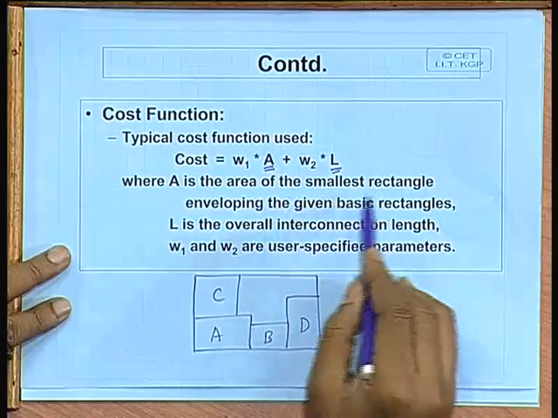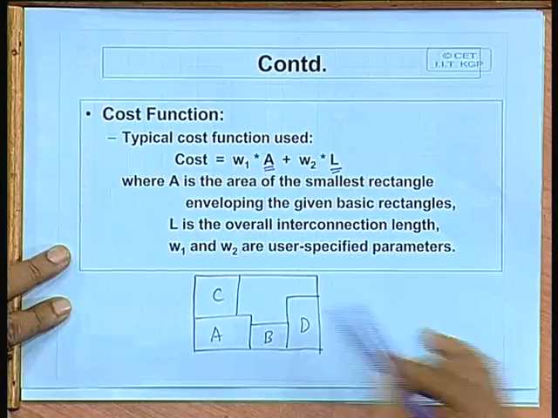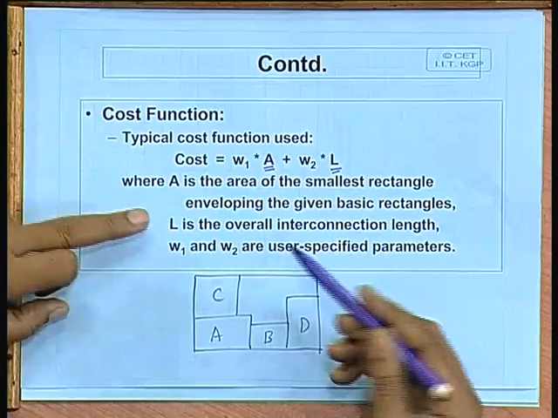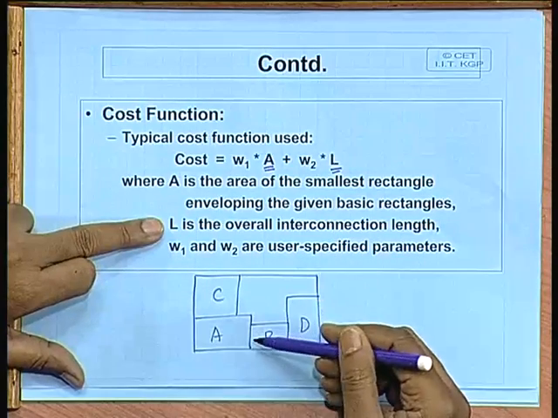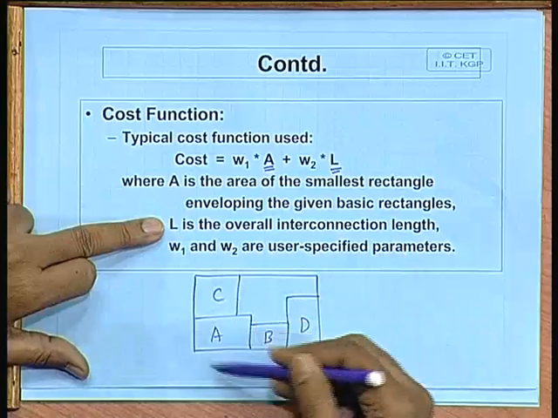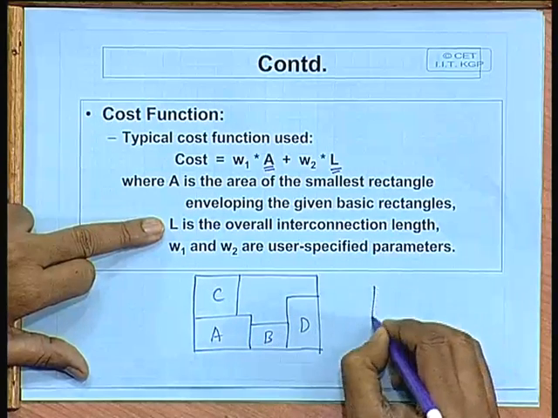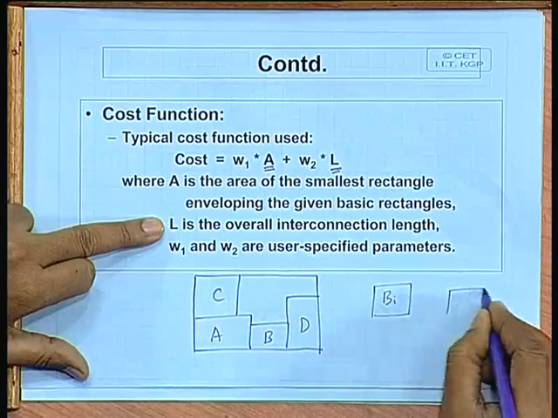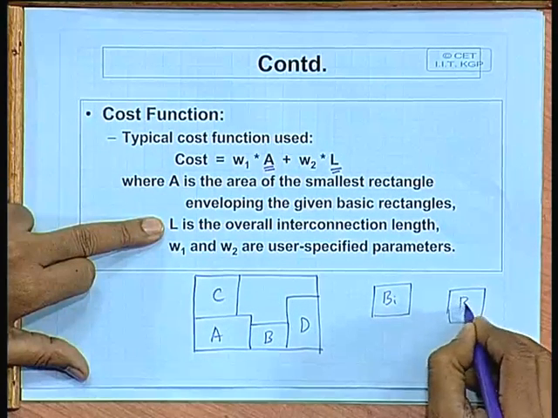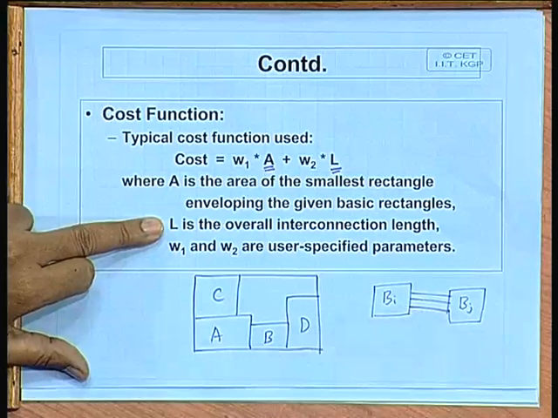So, A is the area of the smallest rectangle which envelops the given basic rectangles, and L is the overall interconnection length. We had earlier said that you can have a very coarse measure of interconnection length when you are at the floor planning level. So, here for every pair of blocks, say Bi and Bj, there can be several interconnection lines.